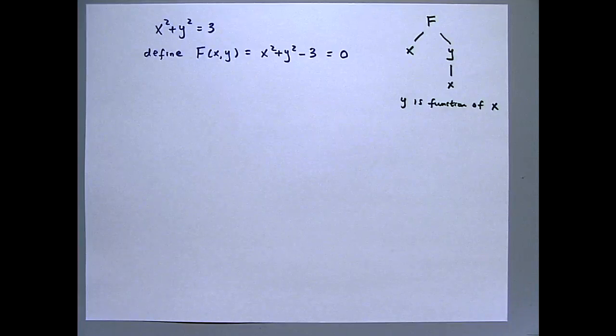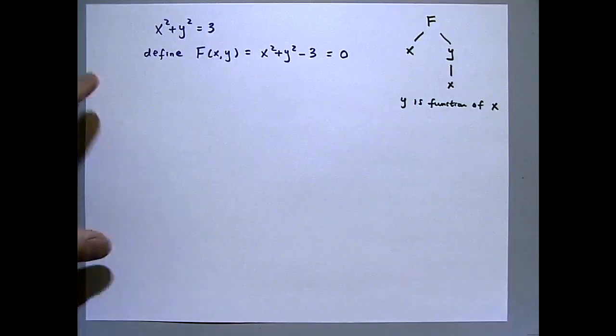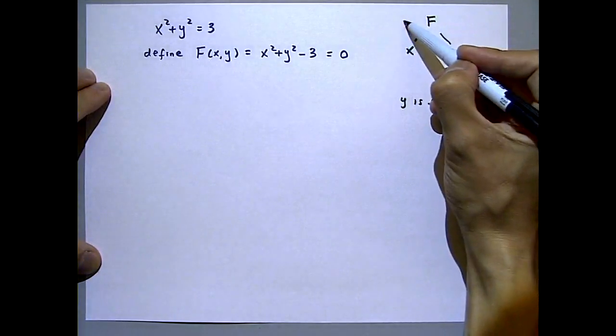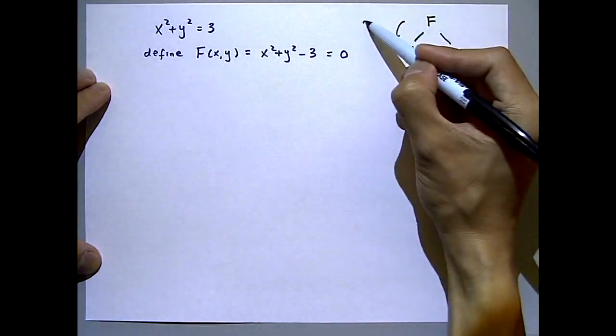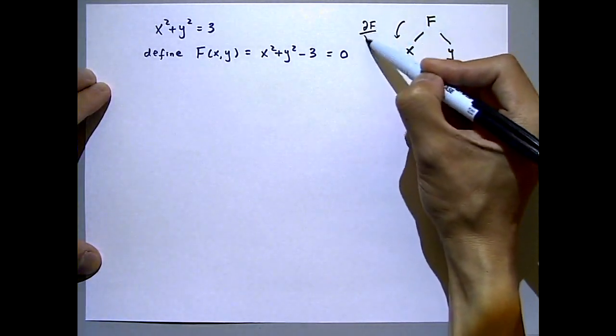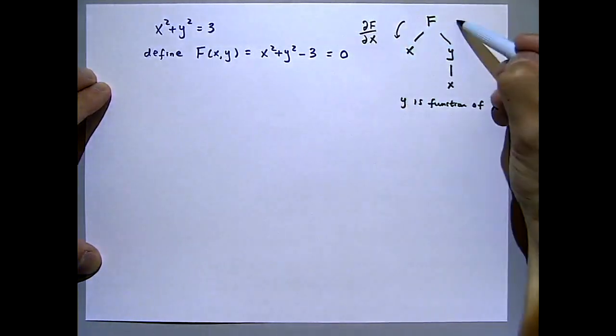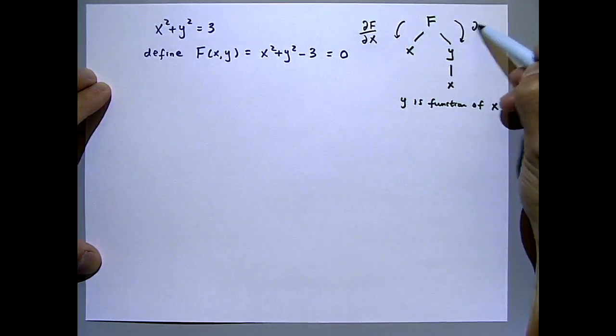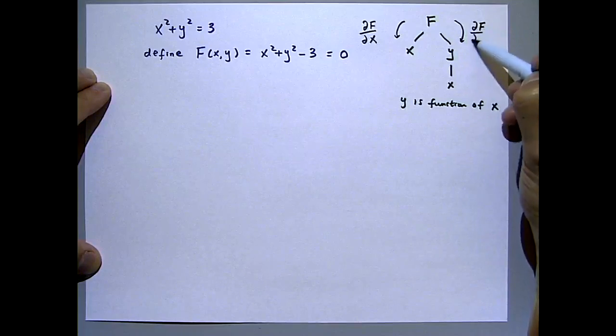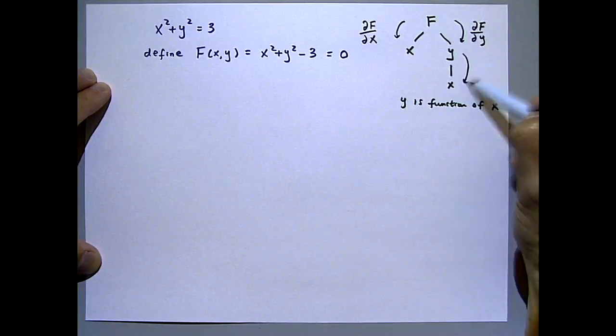And you remember from last time, when we step down this tree, if there is a branch, then we'll deal with a partial derivative. So going down this way here, we're looking at a partial of big F with respect to x. Going down this branch here, this is partial of F with respect to y. And here, there's no branching in the tree. It's just straight down.